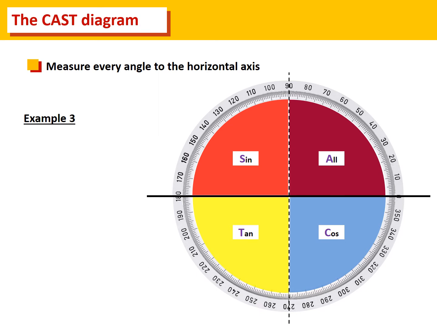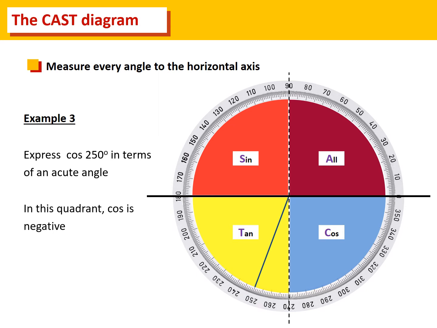Here we go with example 3. Cosine of 250 degrees. Let's find it on the diagram first of all. There it is, and in that quadrant only tangent is positive, so cosine 250 is going to be negative. What's the angle that's equivalent in size to 250 degrees?